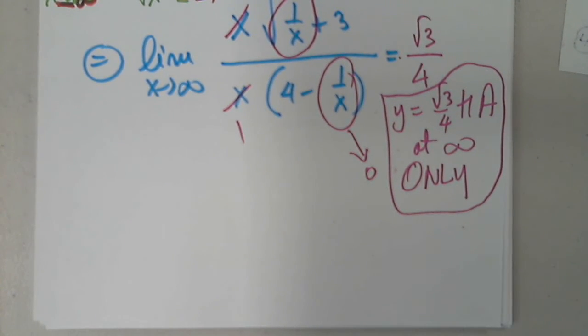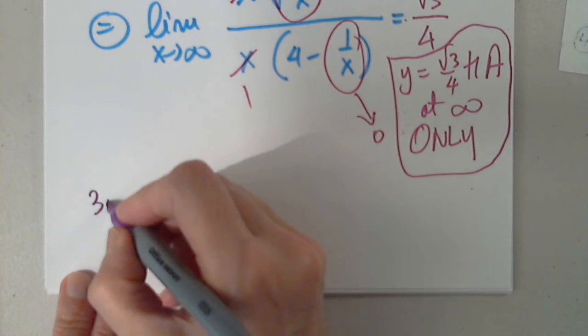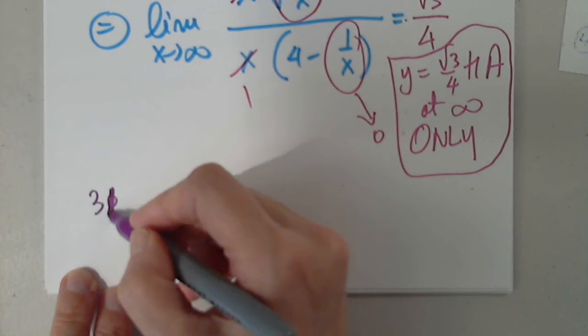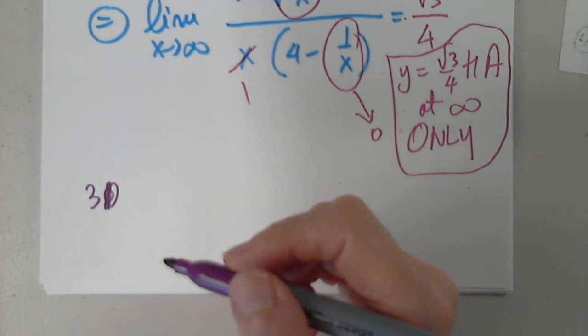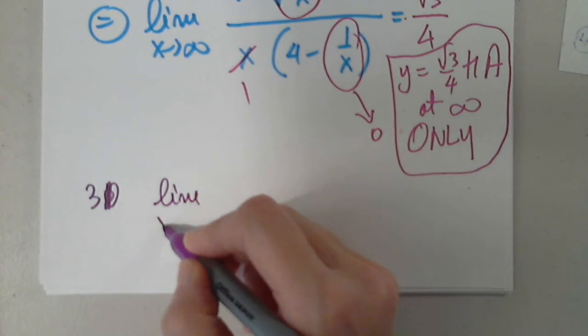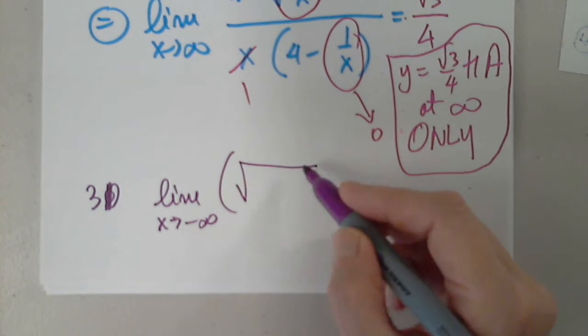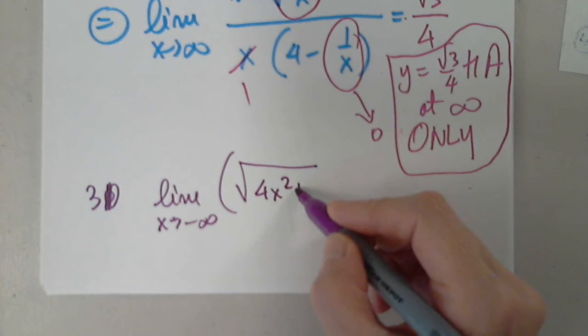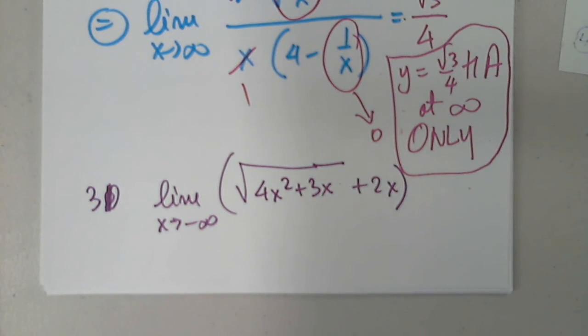Okay, we can spend 3 weeks on these limits, but let's look at one more for now. Number 30 caught my eye. Limit as x approaches negative infinity of the square root of 4x squared plus 3x, outside the square root, plus 2x.